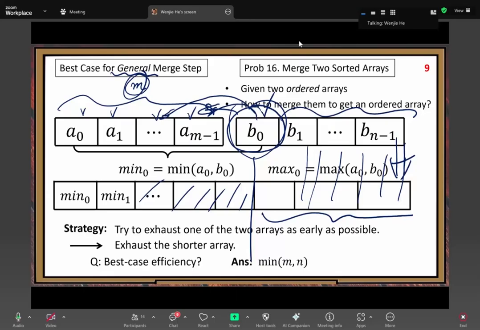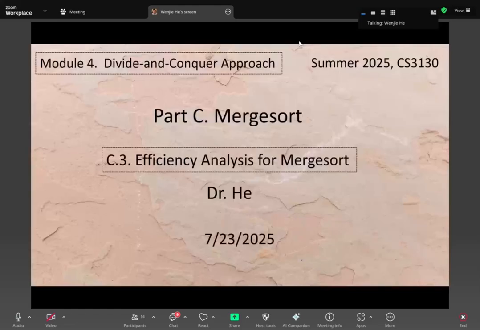So for the merge operation, you have these two formulas. The best case, you need to do this many comparisons. The worst case, m plus n minus 1 comparisons. All right, then you understand the merge step.